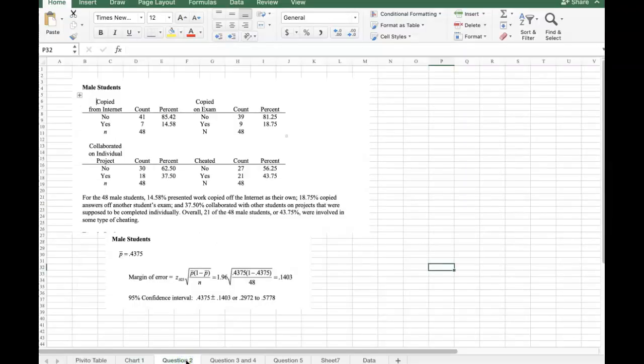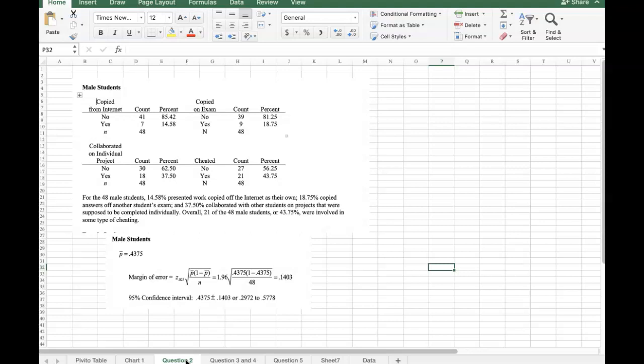So in question two, they're asking us to come up with a probability or hypothesis in here of how many people copied from the internet. So I went and I grabbed this one chart that I had here, which is collaborated on individual projects.